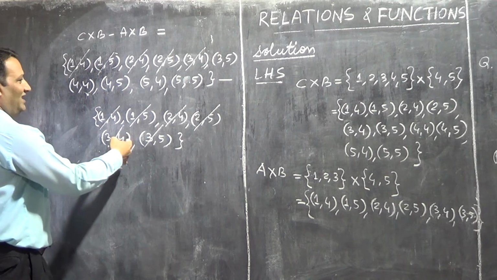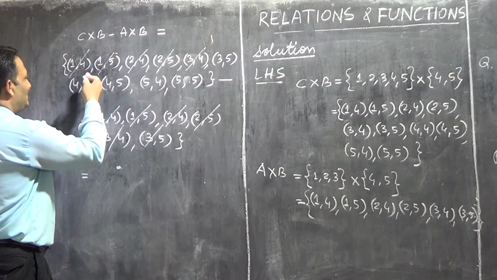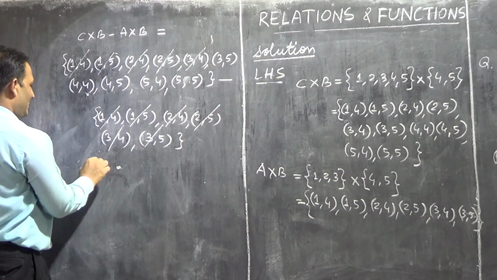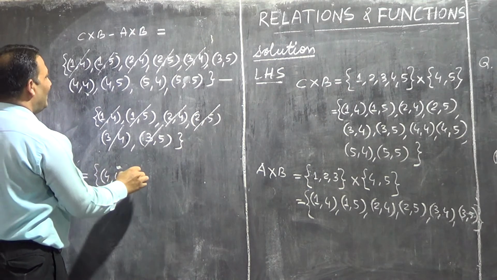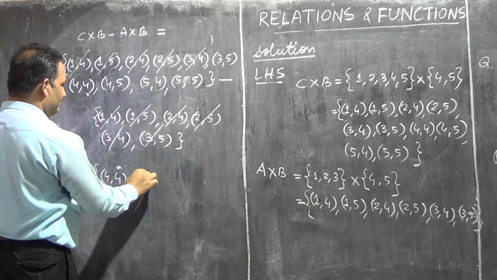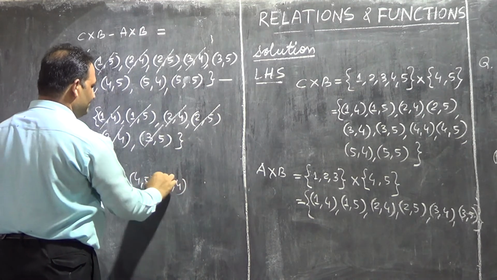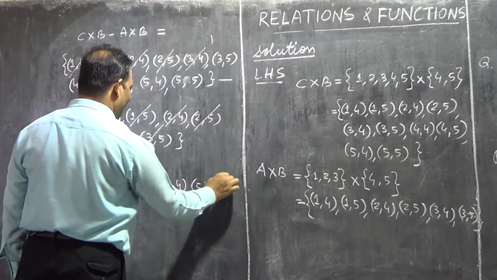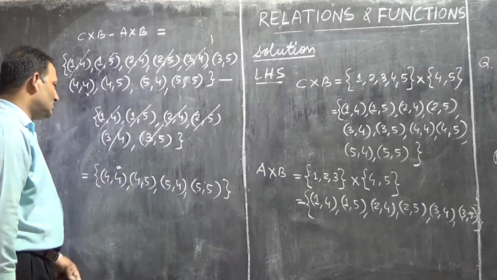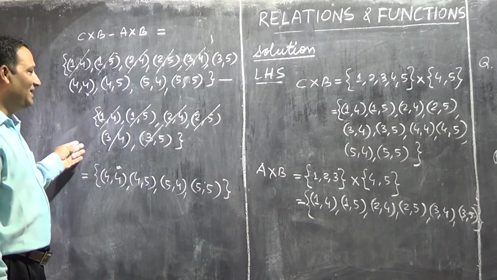So all these elements are cancelled. Now write the remaining elements: 4, 4, 4, 5, 5, 4, 5, 5. So this many ordered pairs are left out. This is the result of the left hand side.